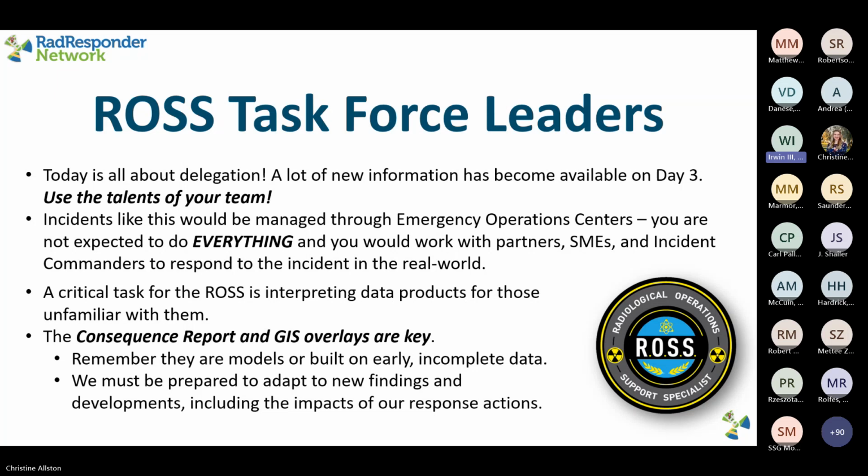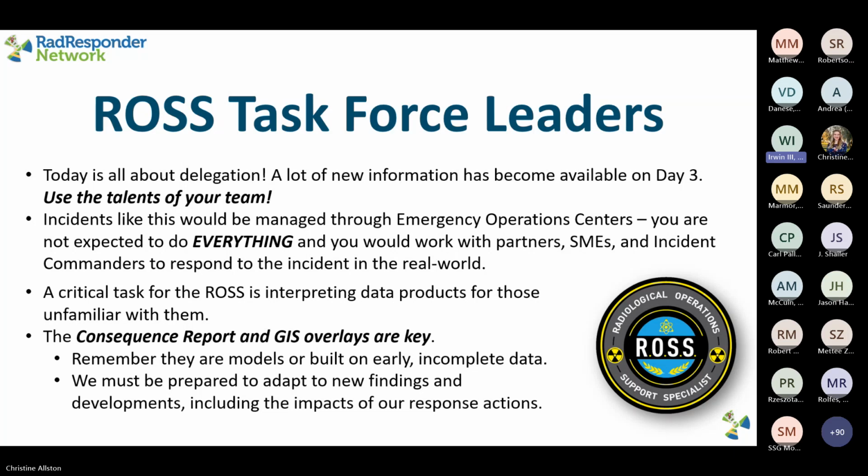Really important for the ROSS, for these emergency operations centers, is to interpret data products, because there's a lot of people unfamiliar with them, especially where these RDDs occurred in a lot of places where there is no nuclear emergency response infrastructure. The consequence report that will be delivered or has been delivered today and the GIS overlays are the key data products for the ROSS to help interpret.